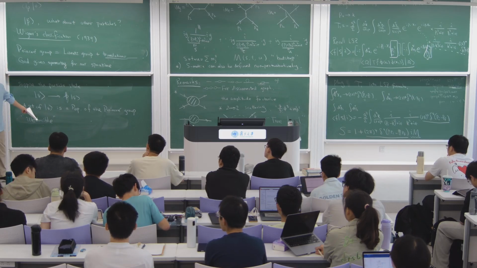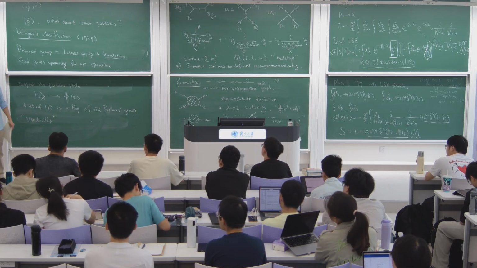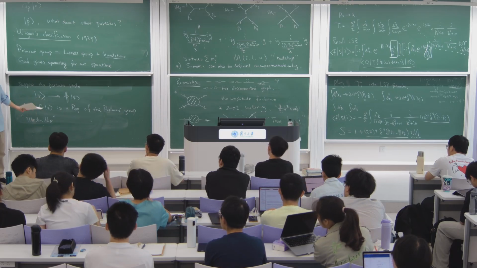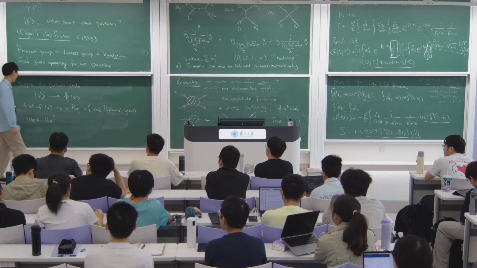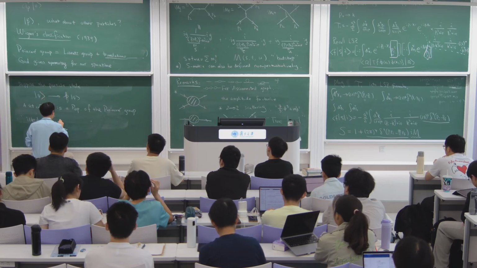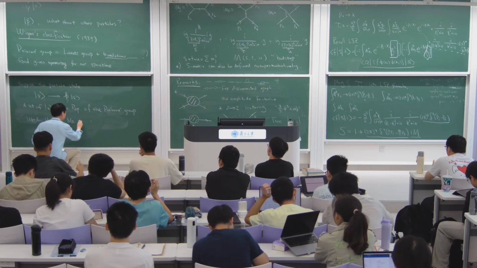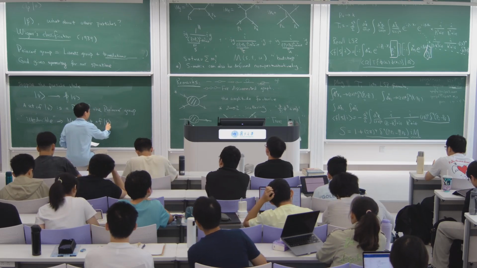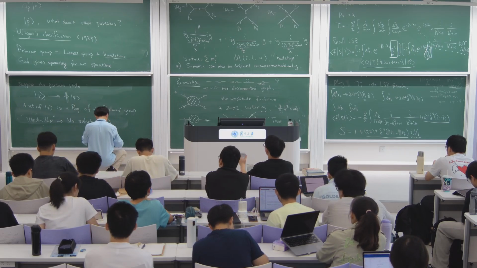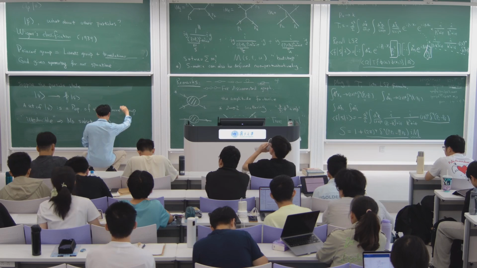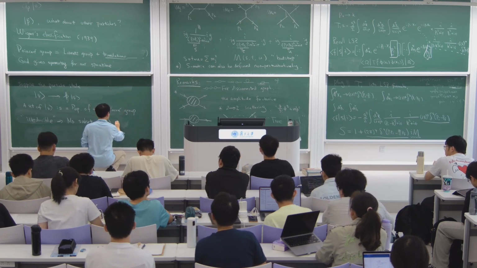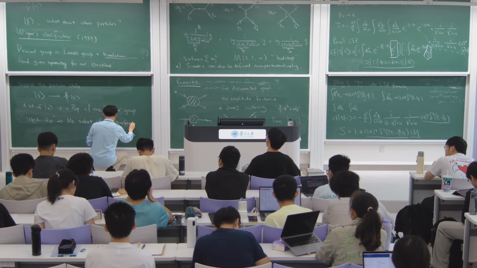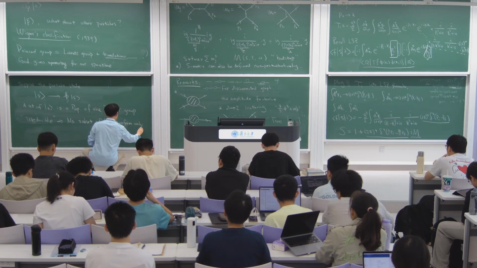This is just a group theory concept. Okay, if you are not familiar, it's fine. I'm just explaining to you what it means. So irreducible means there's no subset that transforms only among themselves.